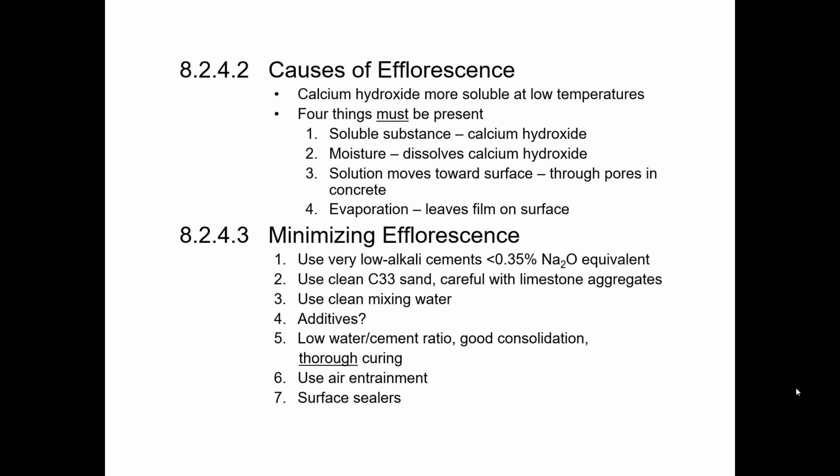And then making sure you've got good consolidation, so you're eliminating that entrapped air that would serve as a pathway for that water to get in directly, and then having a thorough curing process so that you eliminate any plastic shrinkage cracking or any rapid moisture loss that might facilitate this happening.